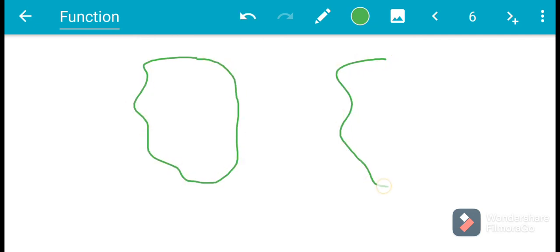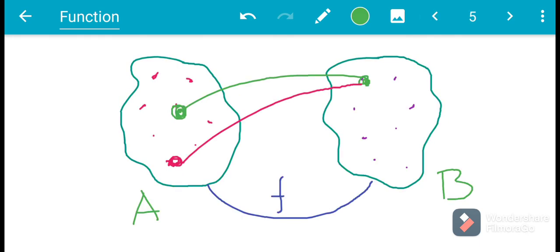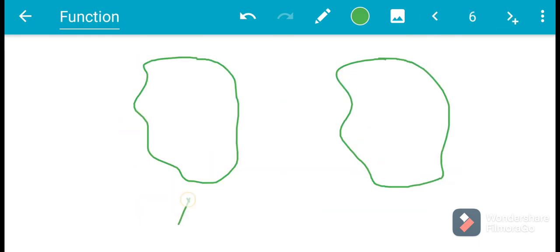Now the next question that arises from this figure is that, better to name it earlier.